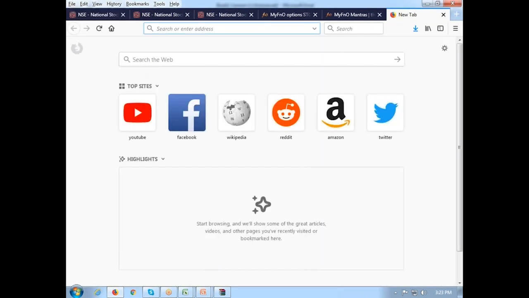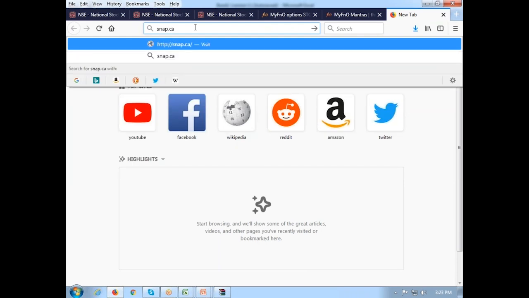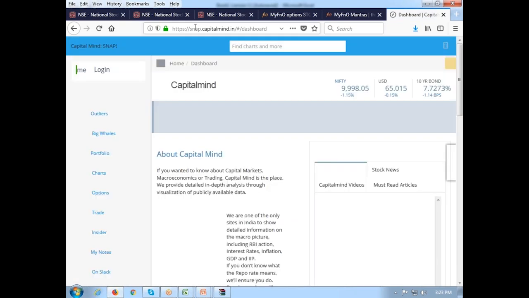For assessing liquidity, there is snap.capitalmind.in. This is another good website which captures the data in a nice way. They also provide something similar to MyFNO, but I still like MyFNO.